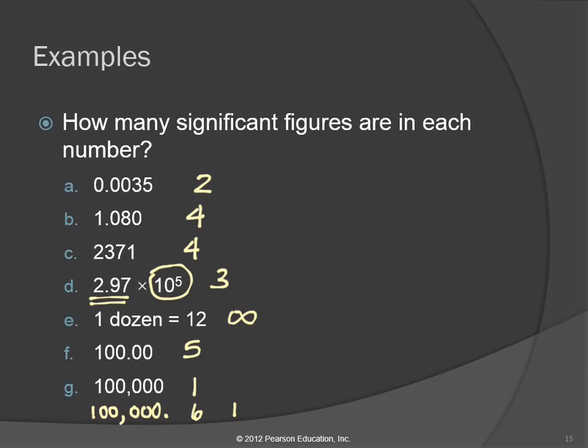So this would be 1.00000 times 10 to the what? Times 10 to the 5. So we need to take this decimal point and move it over 3, 4, 5 places. Writing it this way, we are very clear to the reader that those zeros are significant. If we take this number and put it in scientific notation, it's going to be 1 times 10 to the 5th with 1 significant figure.